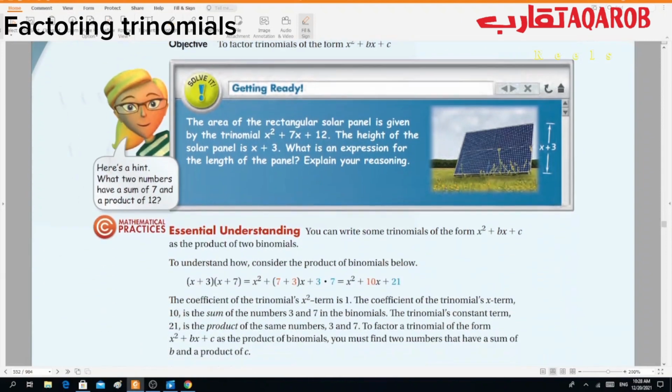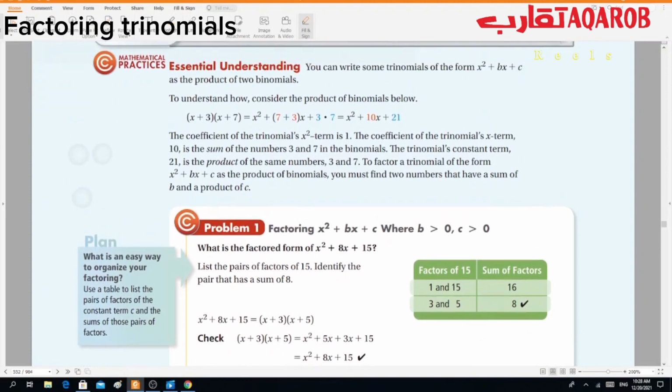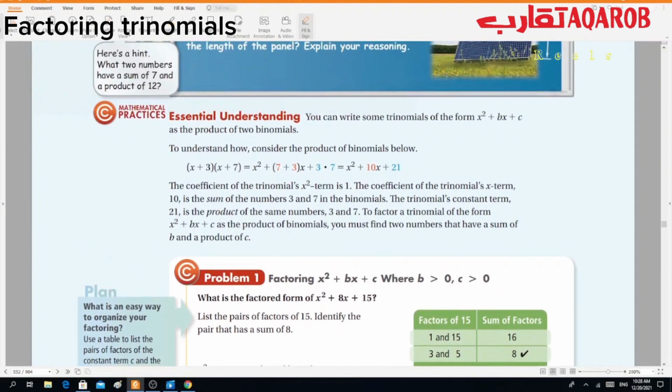Now, when I want to factor a trinomial that is a quadratic trinomial which has a degree of 2, I actually should follow rules.